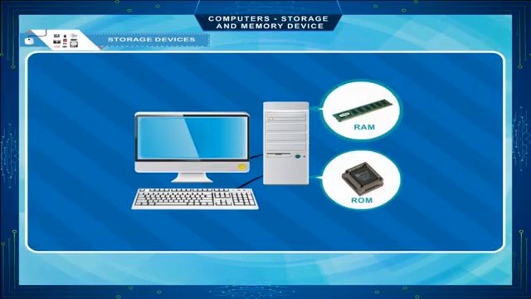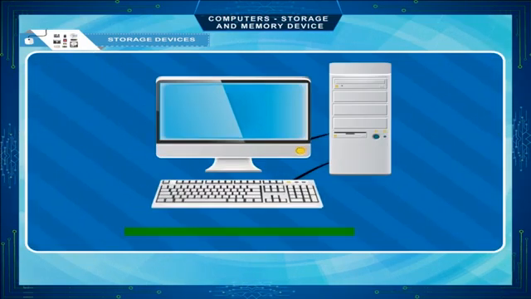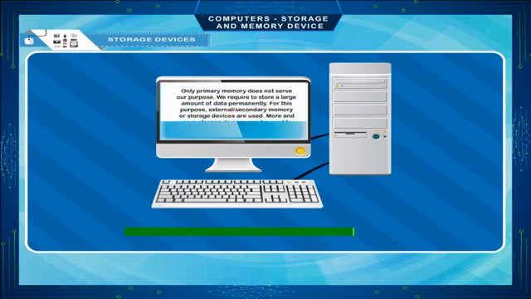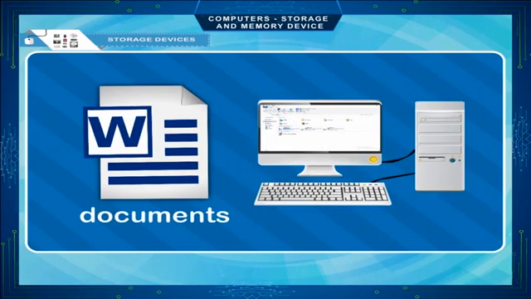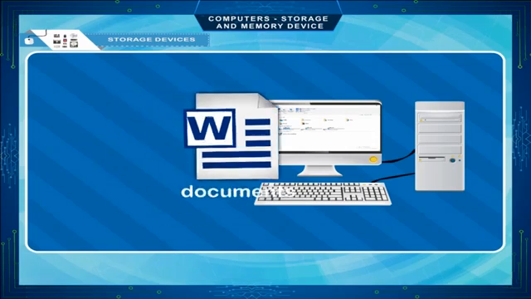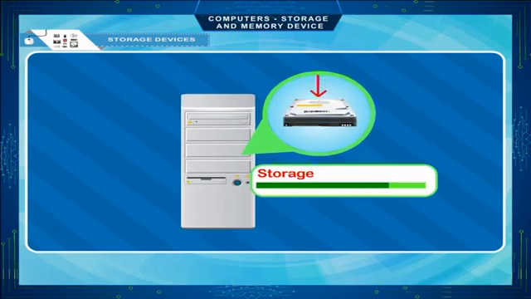Primary memory is small in size but faster than secondary memory. When we work on our computer, the work is saved on primary memory, and when we give the save command to save our file with a name, only then the file is saved on the secondary memory.